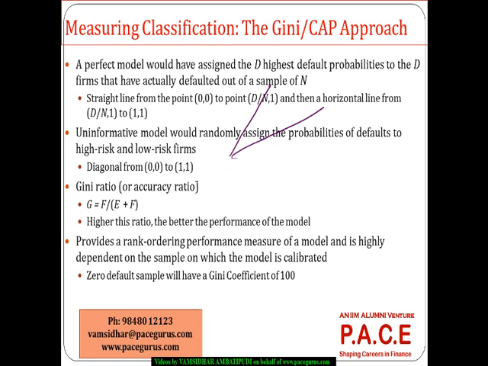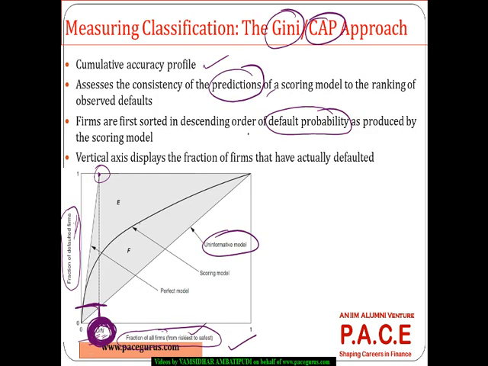And as an assessment, we are computing what is called a Gini ratio, where we are taking this area, which is E, the steepness of the model, anything that is above the model, as a proportion of the total. So if E is much higher out of the total, probably the model is somewhere here.